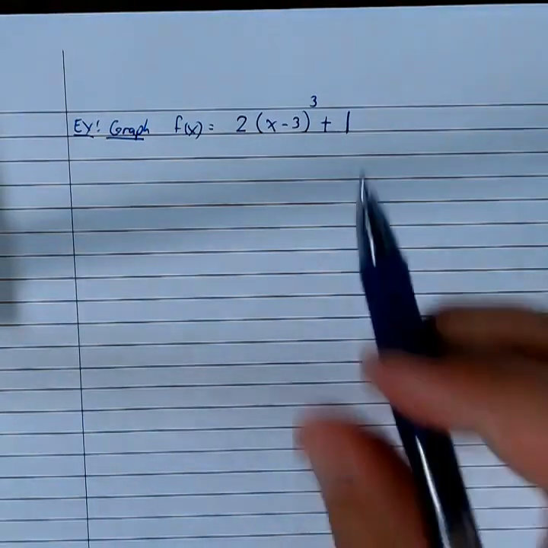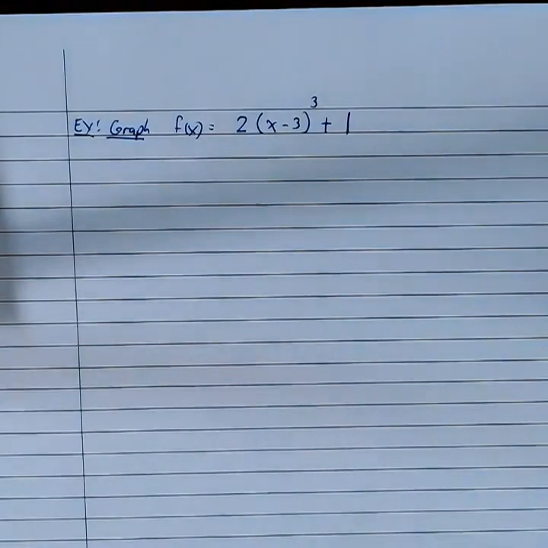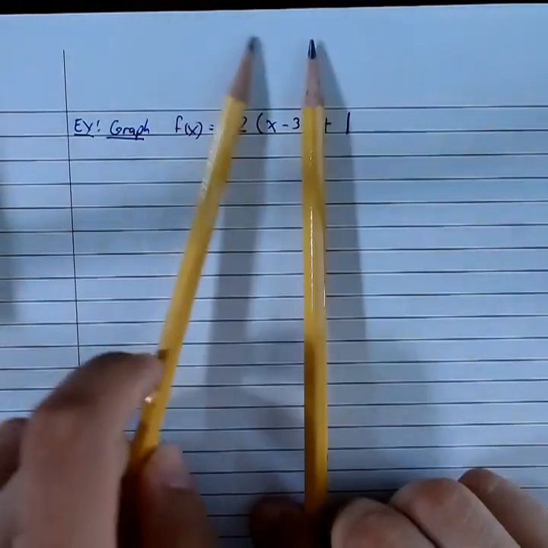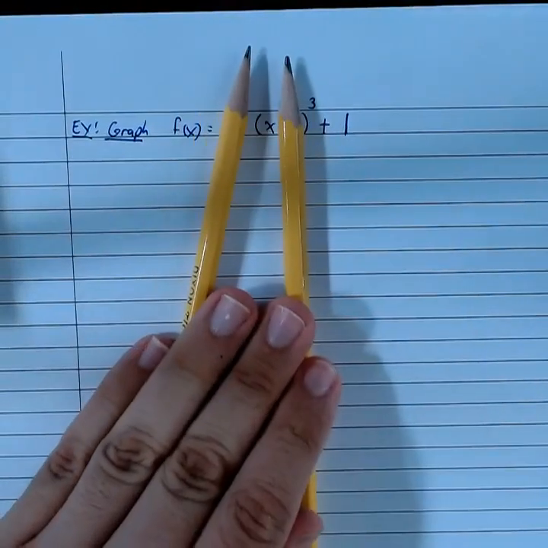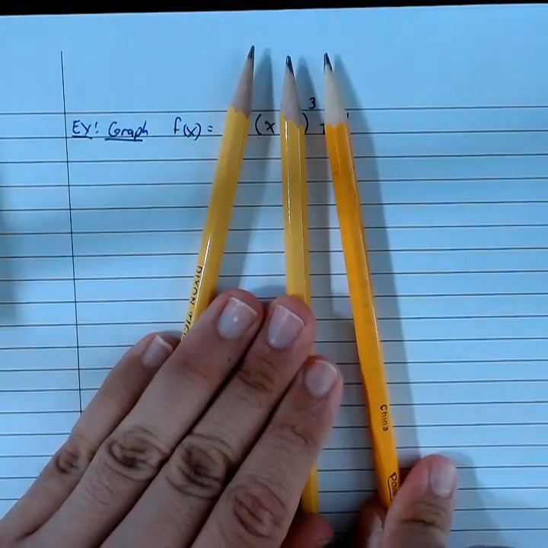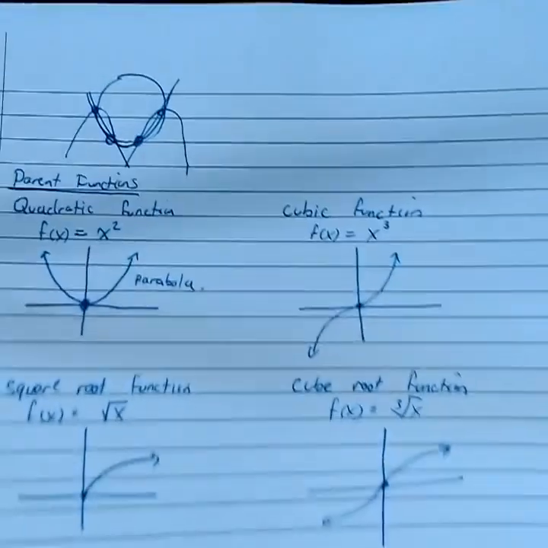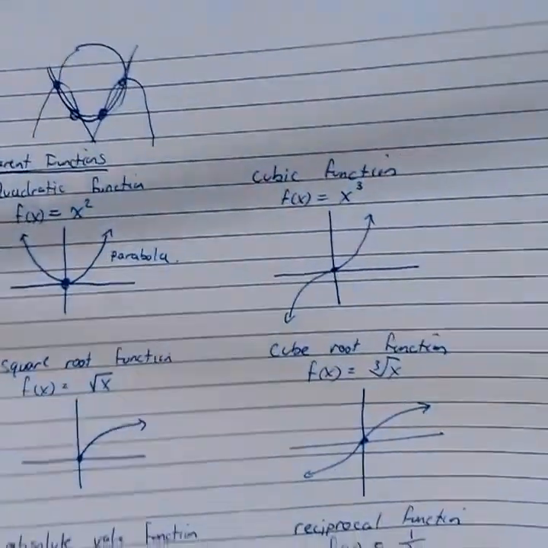All right. So first of all, start with your parent function. Note that if you ignore all additions, subtractions, multiplications, and divisions, this is basically just x to the 3rd power. And we know what the parent function of x to the 3rd power looks like. It's this one here.